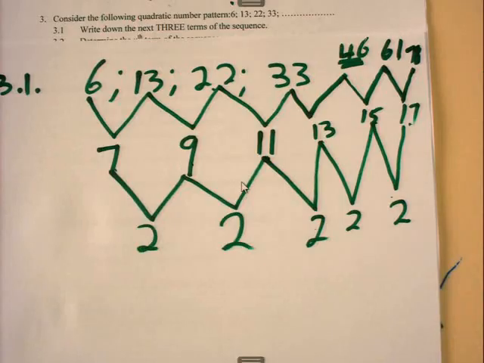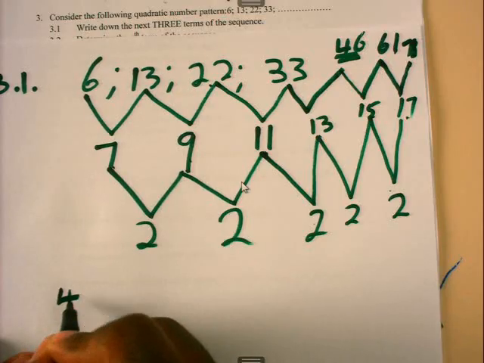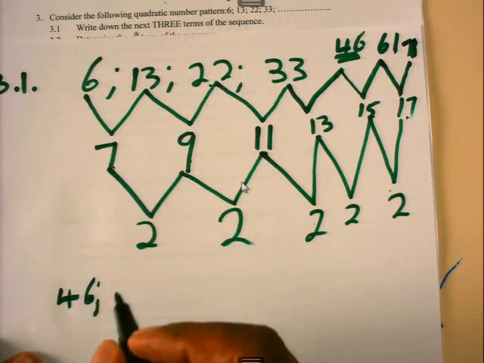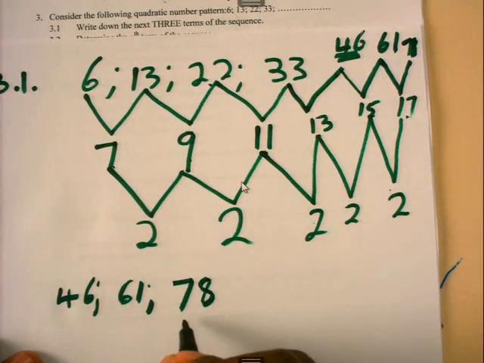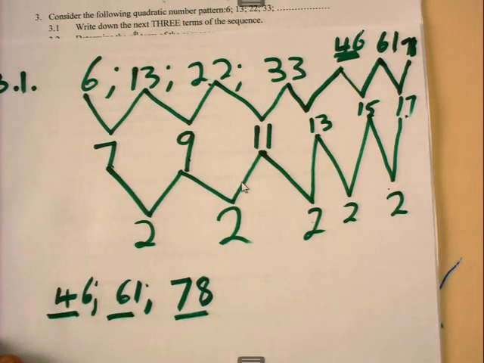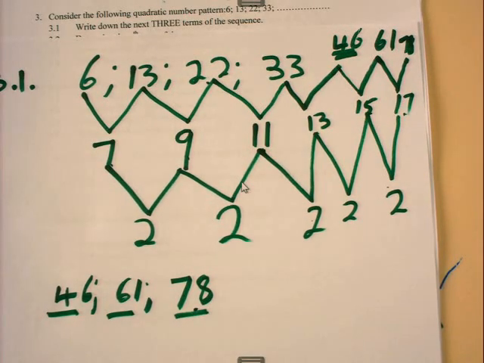So the question says determine the next 3 terms of the sequence, and the next 3 terms of the sequence are 46, 61, and 78.